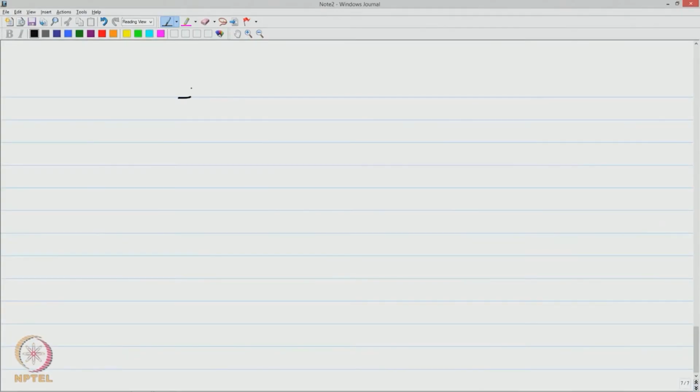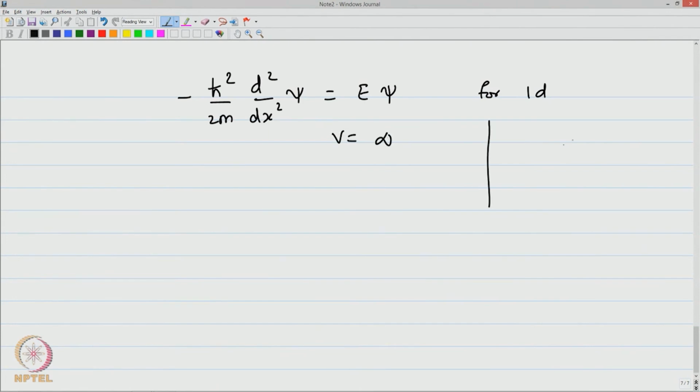If you recall, when we solve the equation minus h bar square by 2m d square psi by dx square equal to E psi for the 1D model, we assume that V is infinity everywhere else and V is 0 inside.